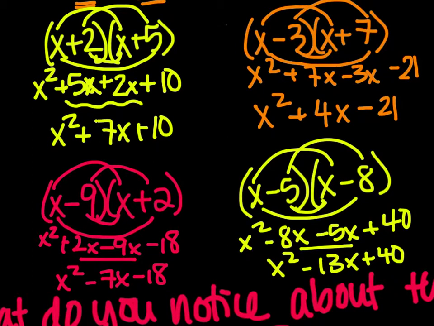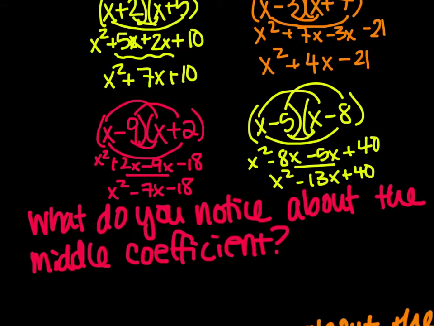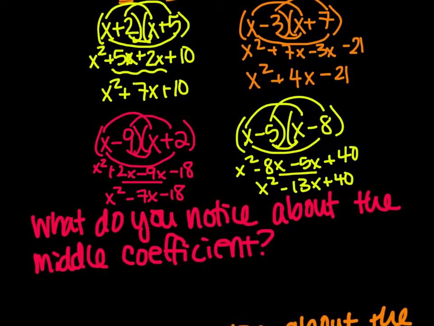So looking at these, what I want you to do now is look at this, and pay very close attention to our middle coefficient. So that middle number in all of these, what do you see is interesting about that middle coefficient?